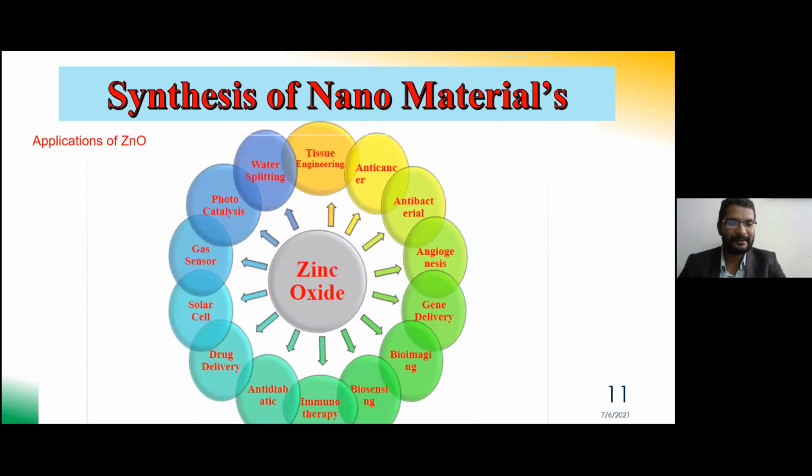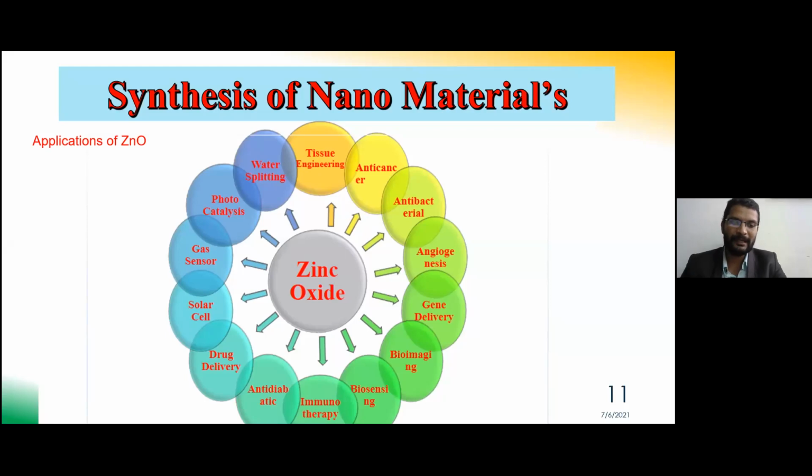Zinc oxide nanomaterials are easily available, low cost, and chemically and biologically stable. The synthesis is very simple. So we are trying to synthesize such zinc oxide nanomaterial as a heterogeneous photocatalyst.